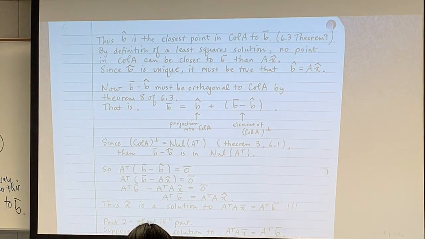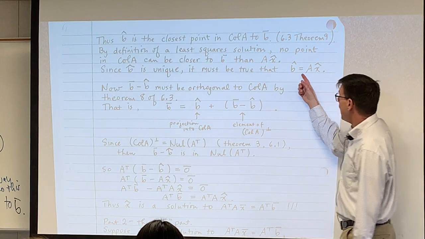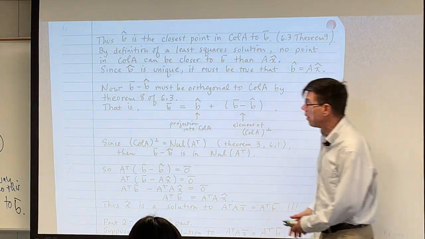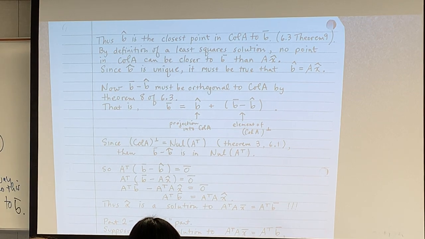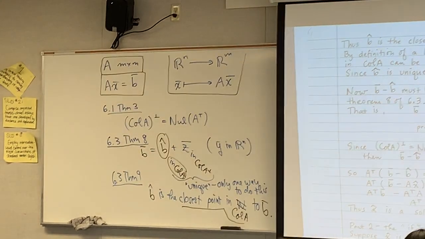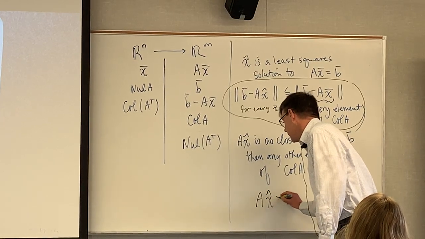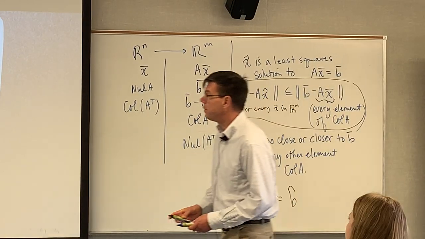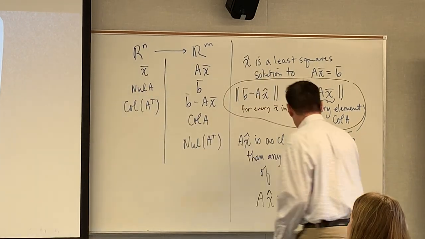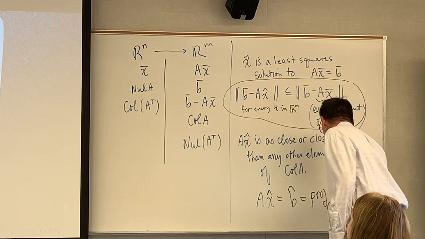And since b hat is unique, it has to be true that b hat is A x hat. So this guy is unique. It's in the column space of A. It's the closest point in the column space of A to b. And so basically this says A x hat has to be the thing we're calling b hat, the projection of b into the column space of A.